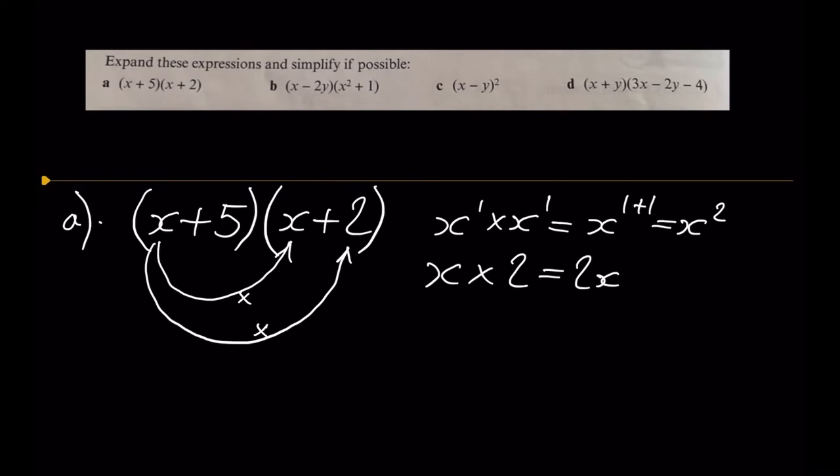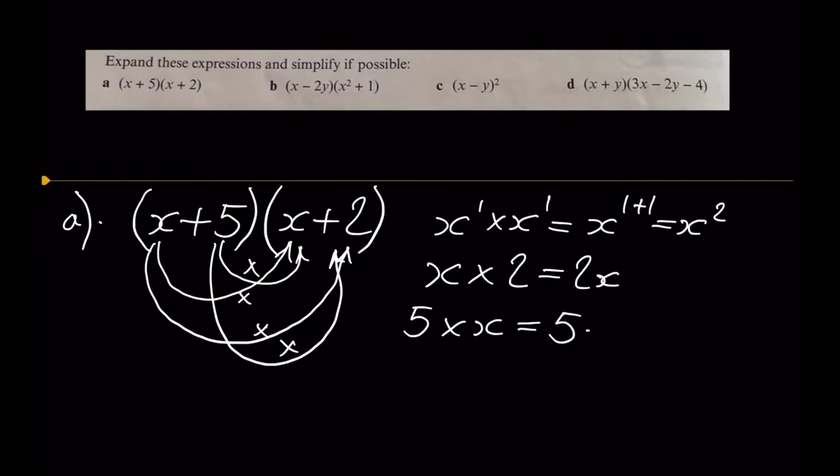And then for the second term in the first expression, we've got 5. We have to multiply 5 by x and by 2. So we end up with 5 times x, which is simply 5x, and we end up with 5 times 2, which is equal to 10.